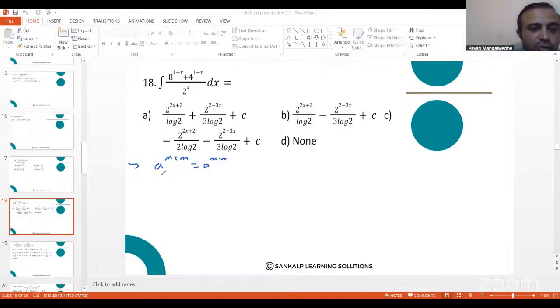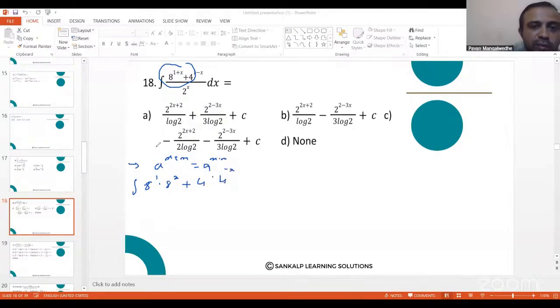So using the laws of exponents, split it: 8 raised to 1 into 8 raised to x, then 4 raised to 1 into 4 raised to minus x.